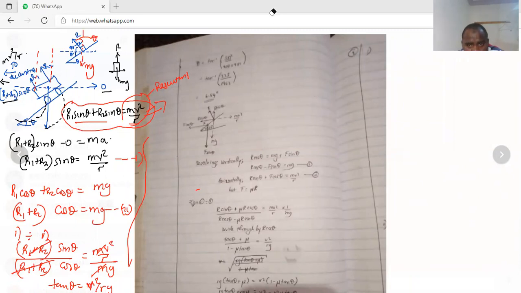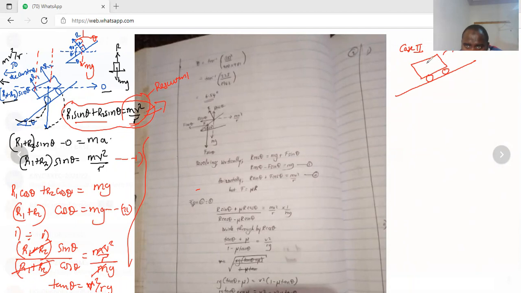Now, what if a car is negotiating a bend and it wants to run very fast? When it is making a turn very fast on a circular bank, as it tries to run very fast, it will fall out in this direction.